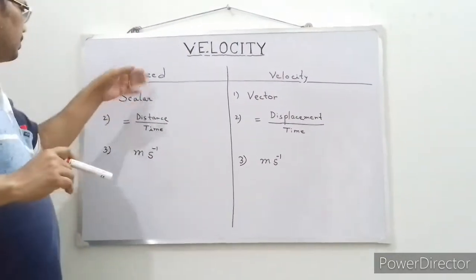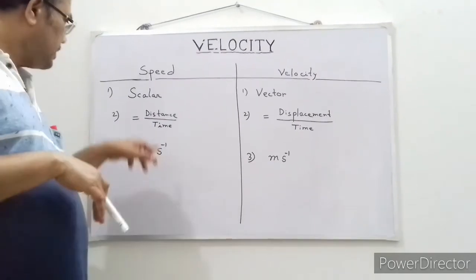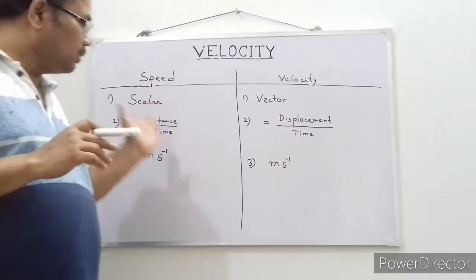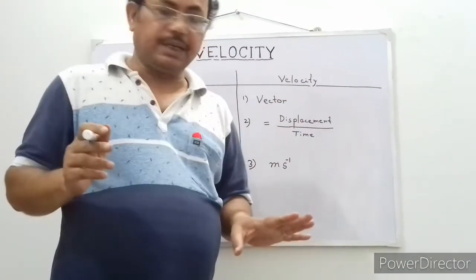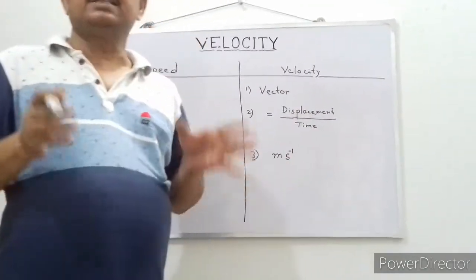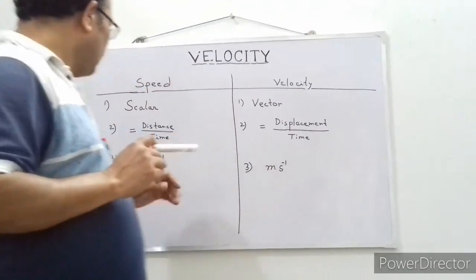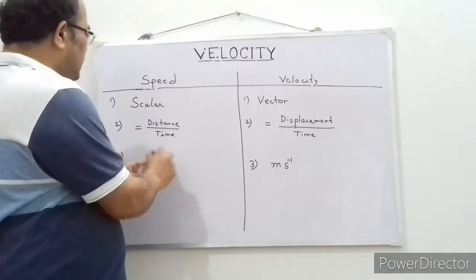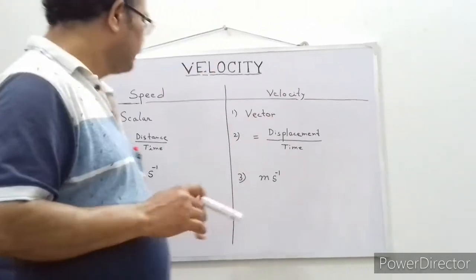Speed is the distance traveled with respect to time, the change of distance with respect to time. But in case of velocity, it is displacement by time. As displacement is a vector quantity, displacement by time is also a vector quantity. But the unit is the same, meter per second in SI, and here also it is meter per second in SI.